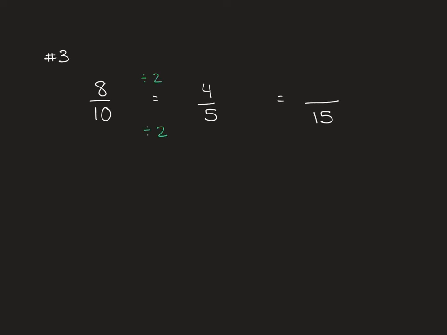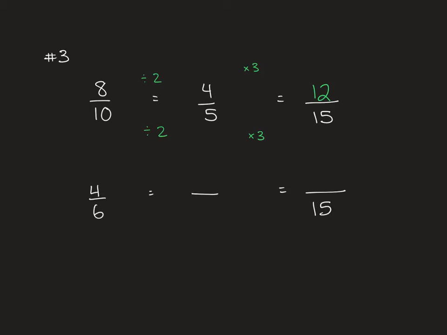Now we're going to move from 4/5 to something out of 15. So we're going to multiply 5 by 3 to get to 15. So 4 times 3 is 12. So we'll end up with our 12/15 at the end.